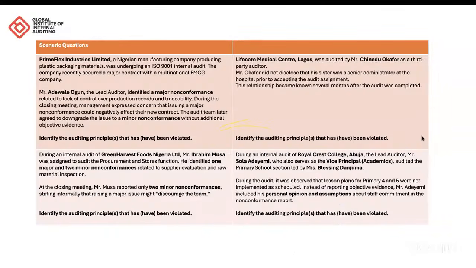Adelakun Yemi said integrity. Kalori Charayobami, integrity. Chibuzo said bias. While bias is not a standalone principle, it falls under the principle of integrity. I'm seeing a lot of integrity, but the scenario involves more than one principle. Let me go to YouTube, where we have people watching live.